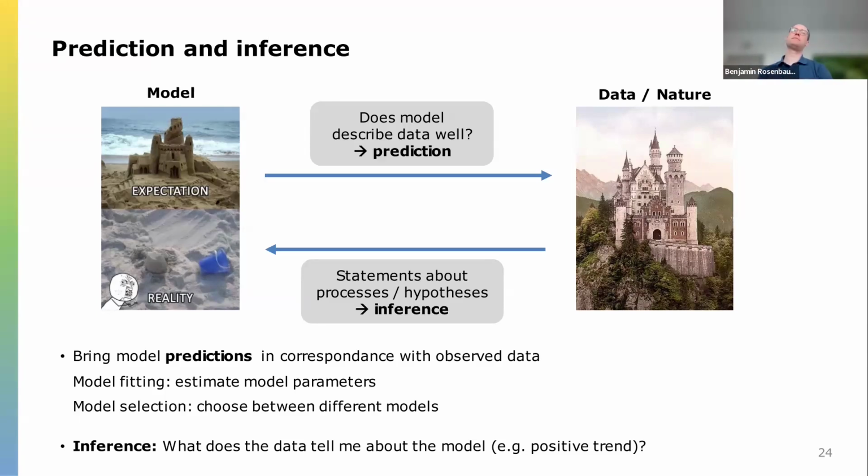This is important to keep in mind: whenever we are doing statistical inference, we're using the data to inform the model, right? So we are learning something about our model, not about the data per se, but the flow of information is from the data to the model.